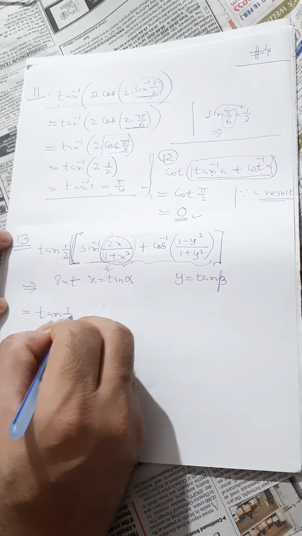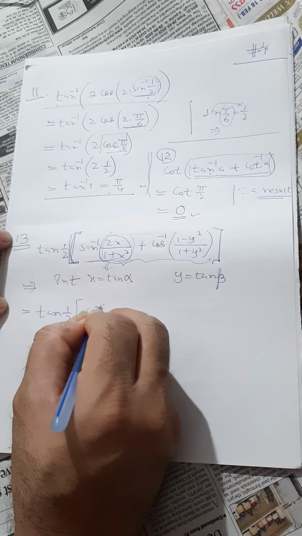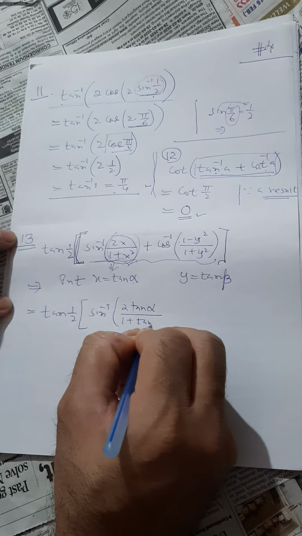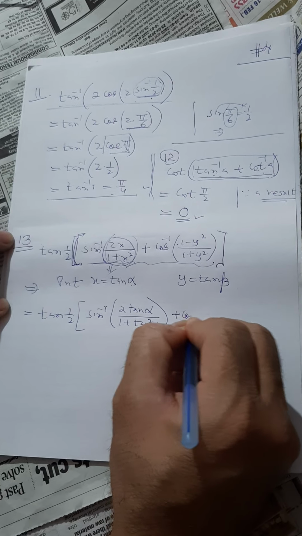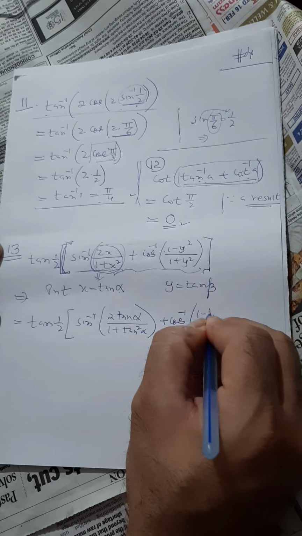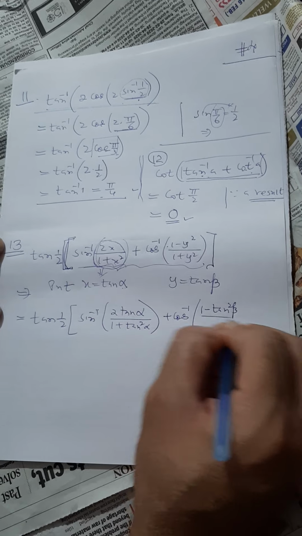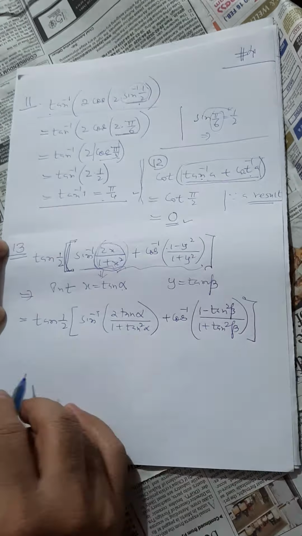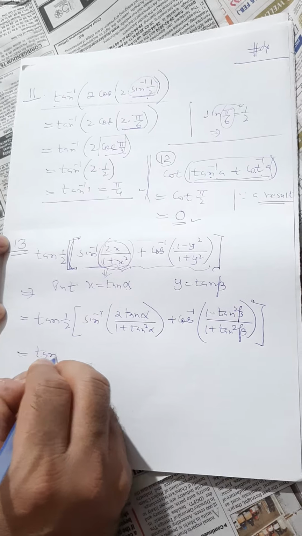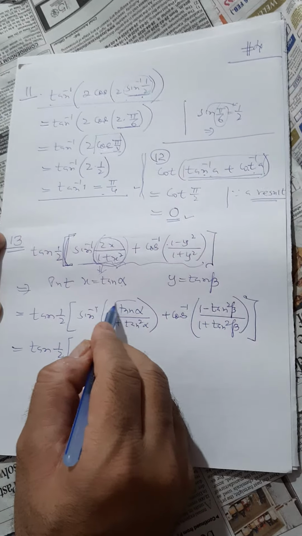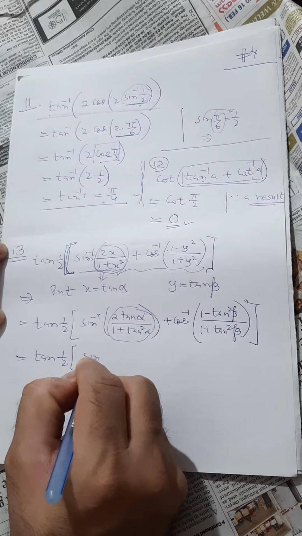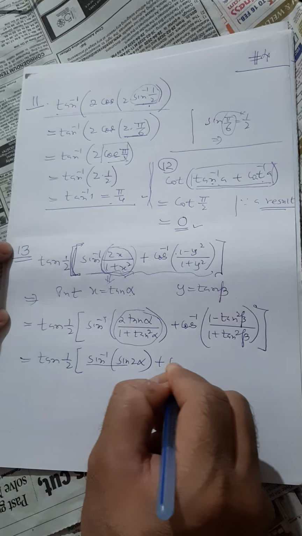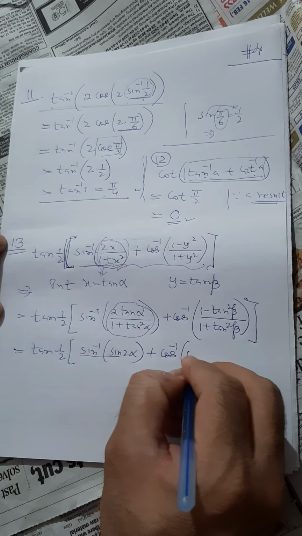So tan of 1 by 2, this is sine inverse 2 tan alpha upon 1 plus tan square alpha, plus cosine inverse 1 minus tan square, 1 minus t square if you remember, upon 1 plus t square. So this is equal to tan half. This is the sine 2 alpha formula, so sine inverse of sine 2 alpha, plus this is nothing but the cos 2 beta formula.